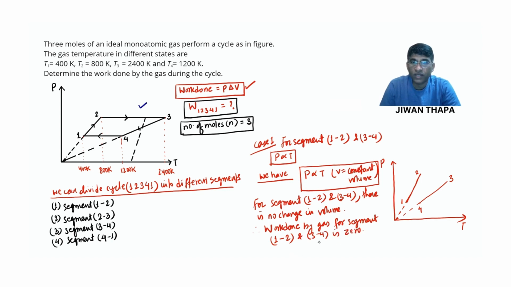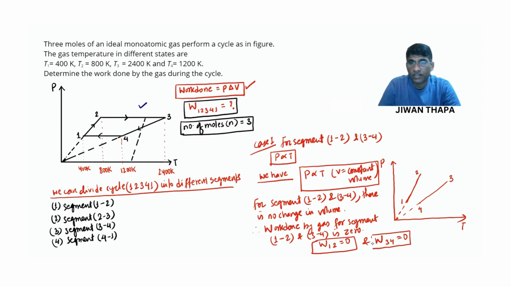So the work done in segment 1, 2 is 0, and the work done in segment 3, 4 is also 0. Why?